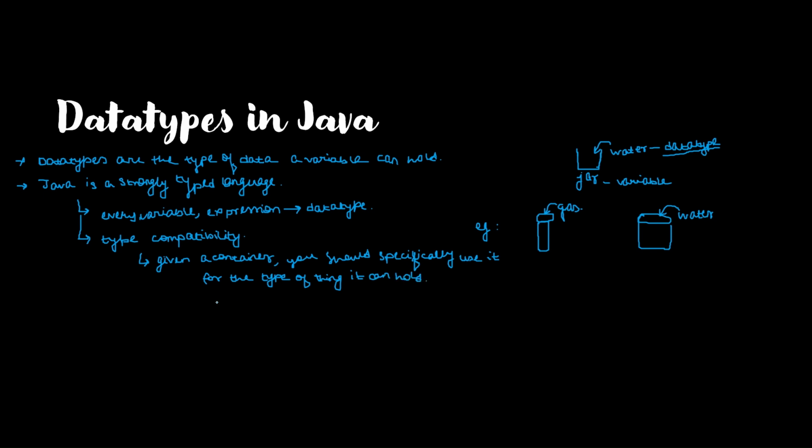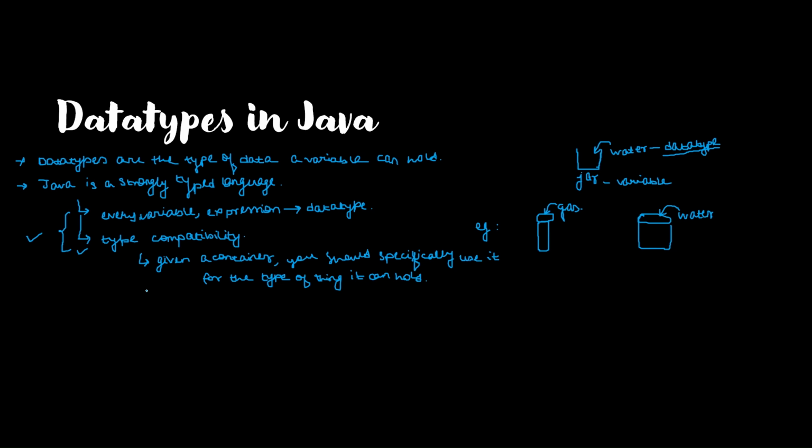So given a variable, you should specifically use it for the type of data it can hold. Okay. So there needs to be two things. That is, every variable and expression must have a data type, and secondly, all those should be type compatible. Given these two things, only then a Java program would compile successfully. Otherwise, it will throw compilation errors.